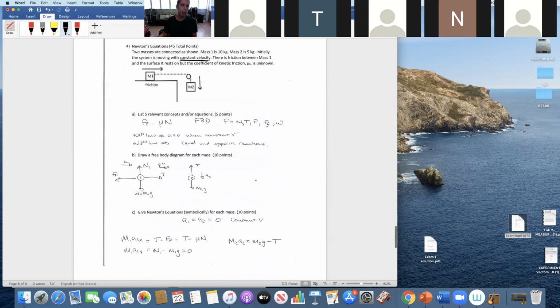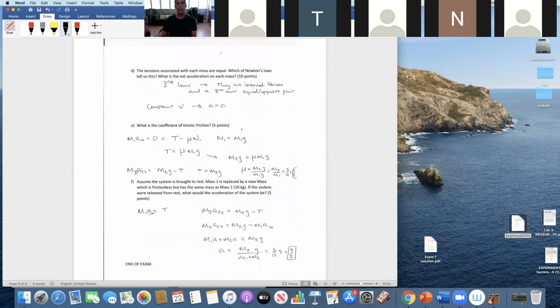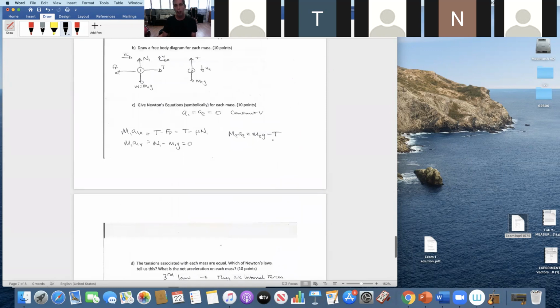Okay. All right. And then what is the coefficient of kinetic friction? So we have this, and we can solve this equation for T. T is M2G minus M2A. Plug that in here. The force of friction is mu N. N is M1G.